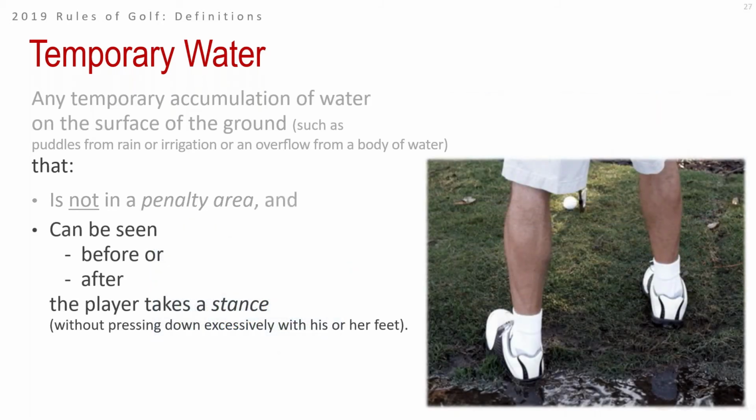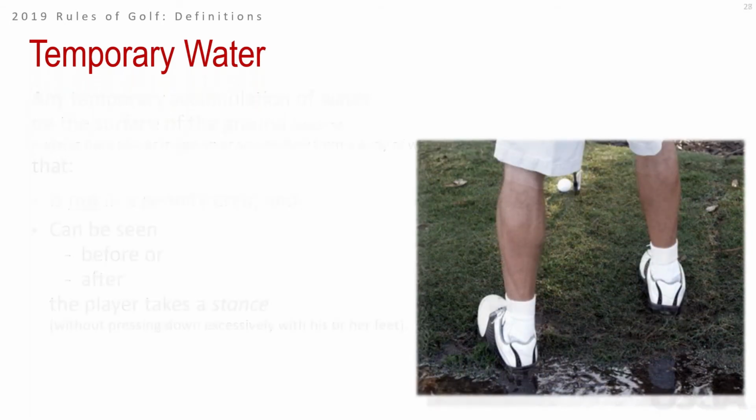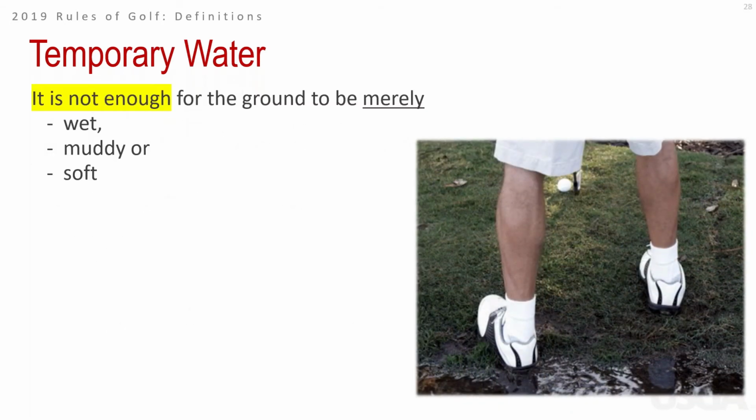So how can you identify when you have temporary water? Well, it can be seen before or after the player takes their stance, without pressing down excessively with his or her feet. It's really about seeing that water there when you're taking your stance.